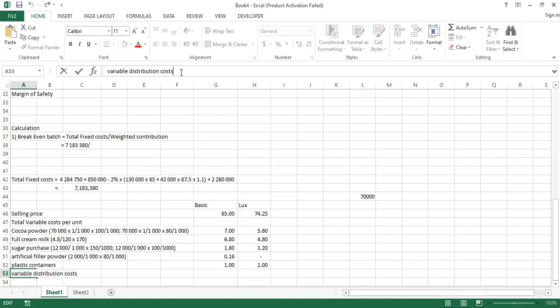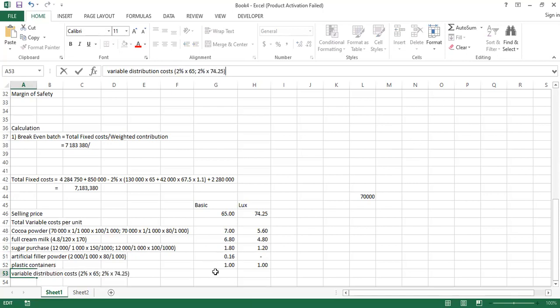We already noted this as 2% of selling price, so let's put that up there. It's 2% times the selling price, which is 65 for that one, and for the other one the selling price is 74.25.